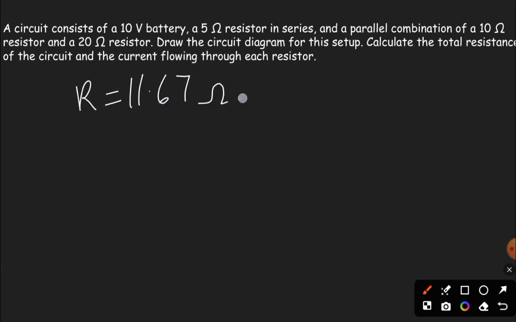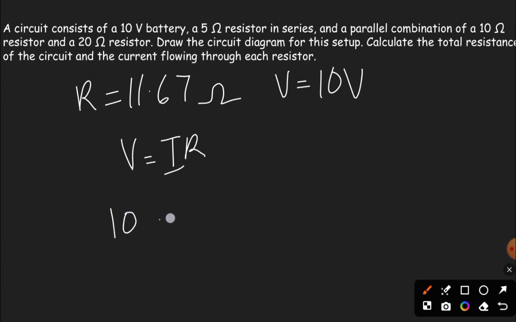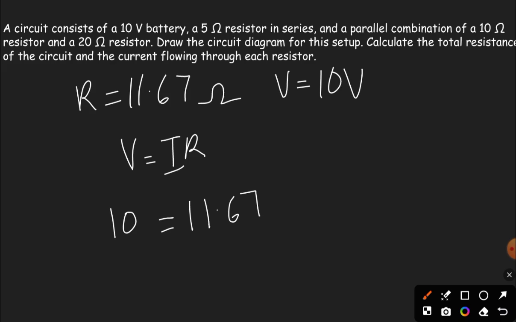Then our potential difference of volts is 10 volts. So V equals IR. So 10 equals, so our resistance is 11.67.